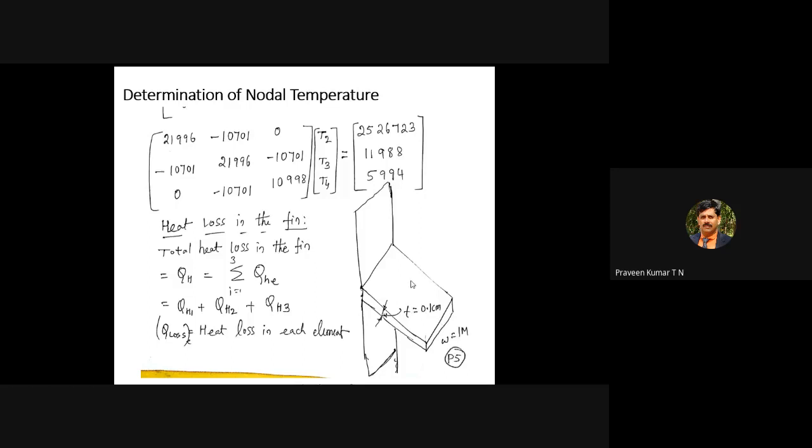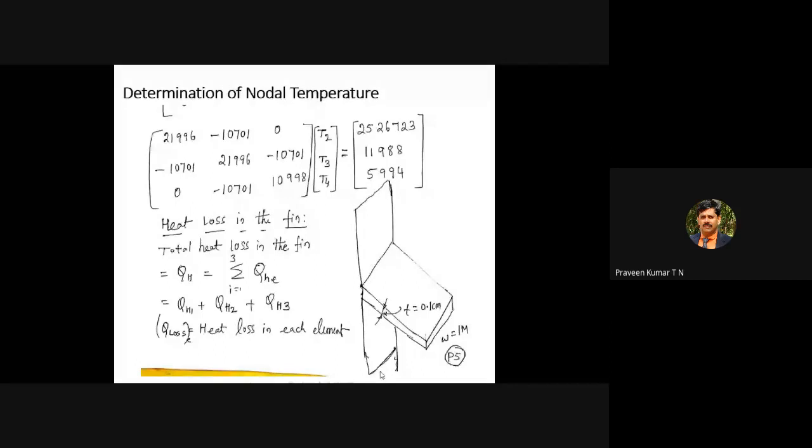If you consider the top surface of the fin as well as the bottom surface of the fin, this surface area is more, compared to the small cross-section area. Hence, in some applications you assume that the tip of the fin is insulated. Strictly speaking, it is not insulated by putting a rubber pad, etc. Suppose the total heat transferred to the surrounding medium by the top surface of the fin is 1000 watt, and the bottom horizontal surface is another 1000 watt.